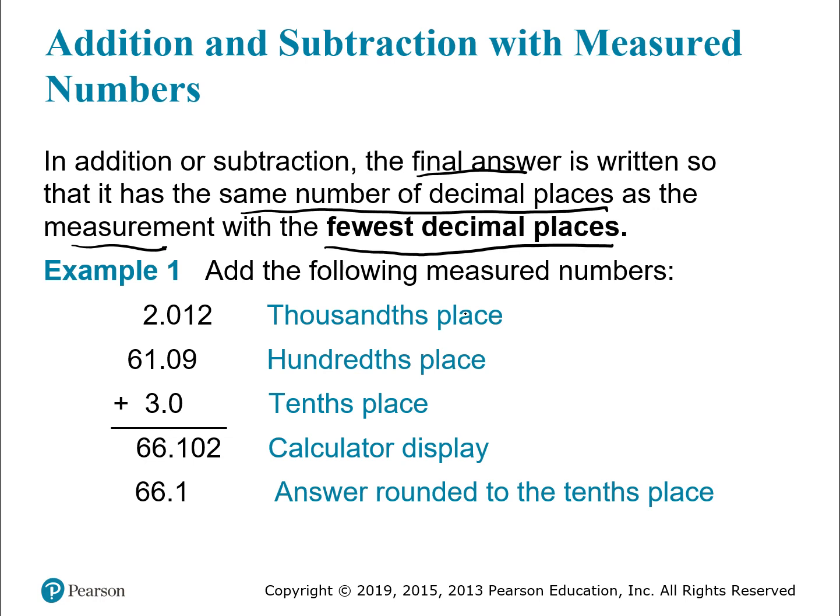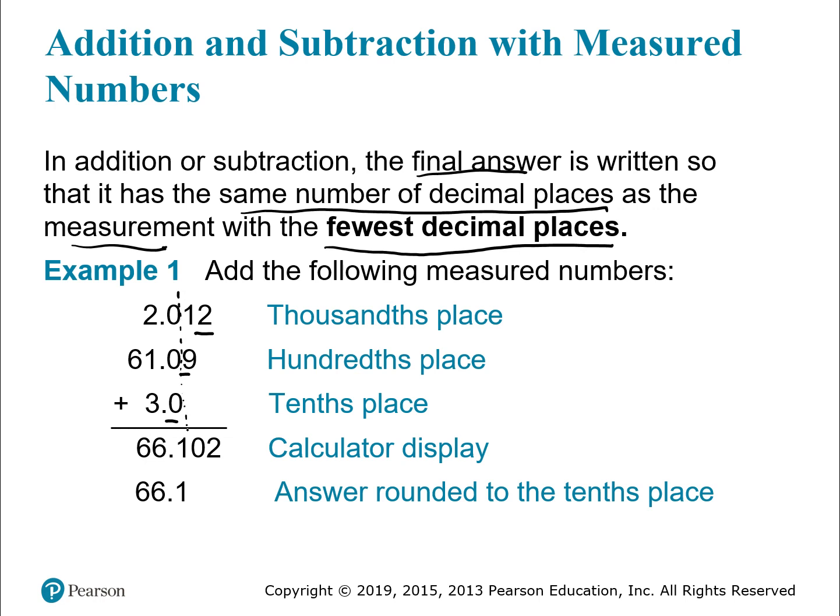So in our first example, our first measurement has the thousandths place. The second number has the hundredths place. The third number has the tenth place. Now, when I'm doing addition like this, I like to line it up as you see.